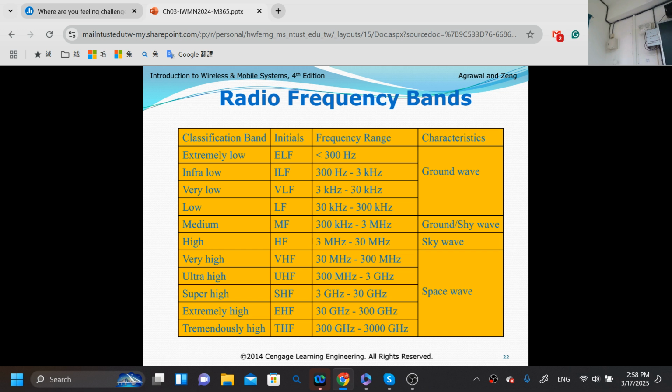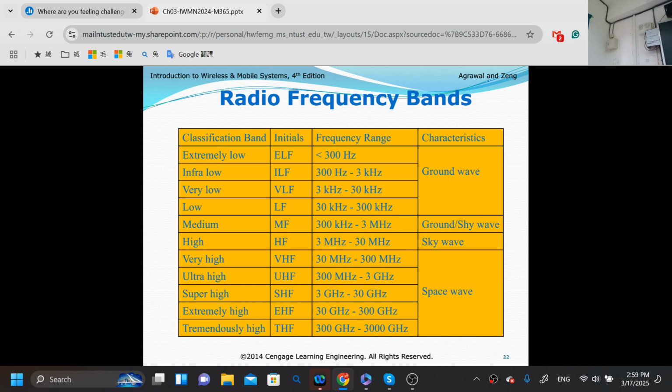If we have a way to have the frequency band, then we can associate the frequency band with the corresponding wave: ground wave, ground and sky wave, and space wave. So for the previous waves, we can pass on frequency band to have the classification. It doesn't mean we have a one-to-one mapping, but for the current frequency band, yes, only ground wave and the space wave here.